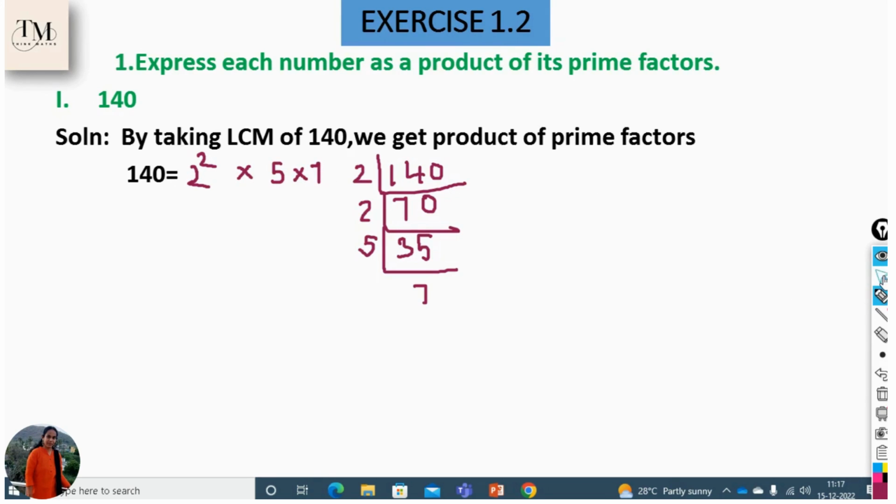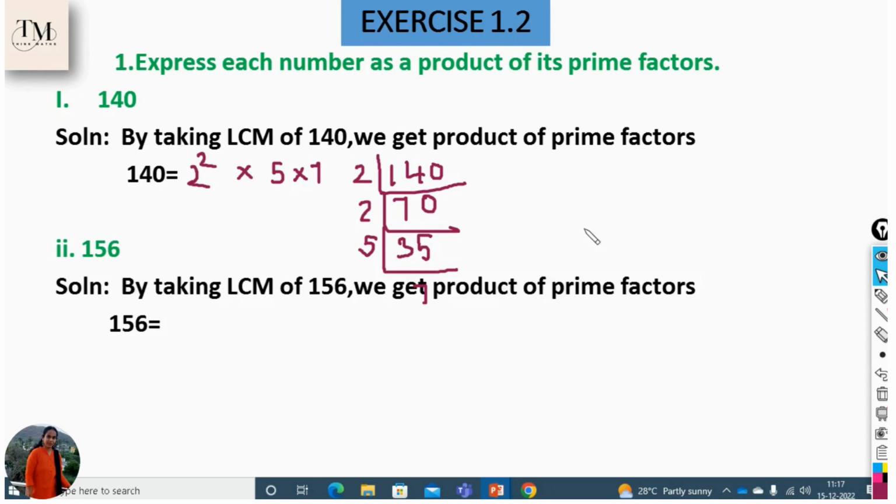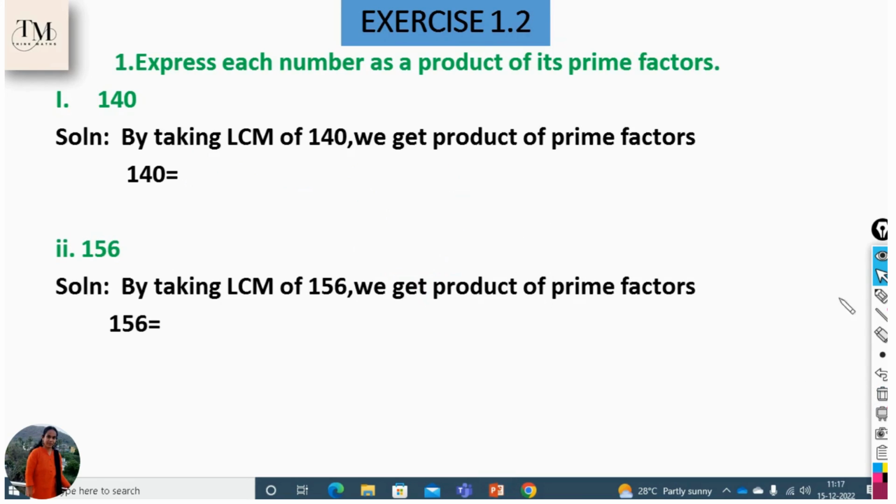Okay. So the next problem is 156. So we have to factorize 156. I take 2. 2 sevens are 14, balance 1, 2 eights are 16.